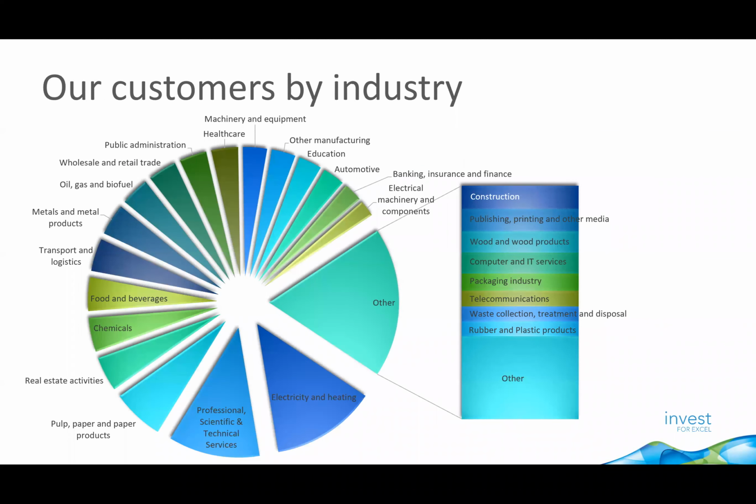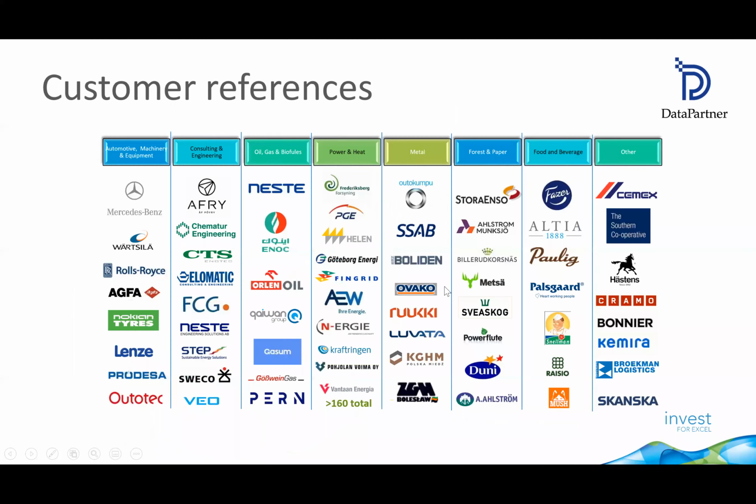This slide represents our customers by industry. As you can see, Investor Excel is industry-independent software. We have customers from the electricity and heating sector, chemicals, food and beverage, oil and gas, healthcare, education, and other industries. And here you can see some familiar brands.